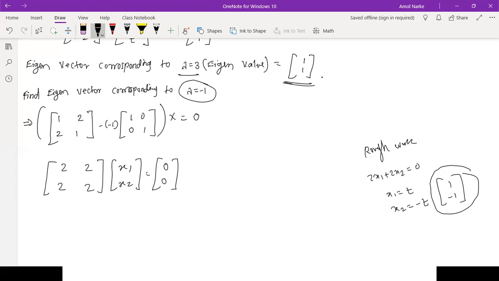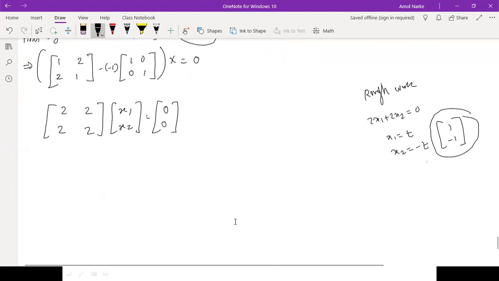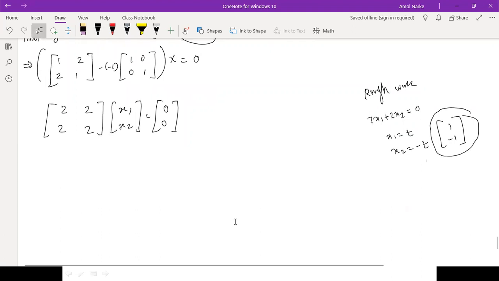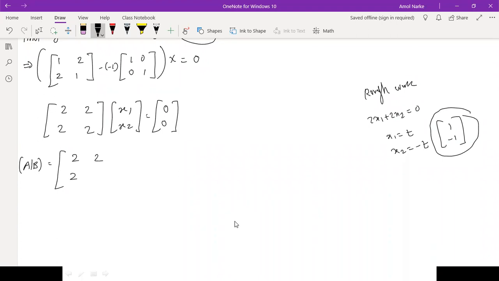Got it, everyone? Eigenvector 1, minus 1 or minus 1, 1. What are you getting, please tell me. This type of question has been asked in many exams. Finding eigenvectors out of three is lengthy. Sir, 1, minus 1, you are getting.